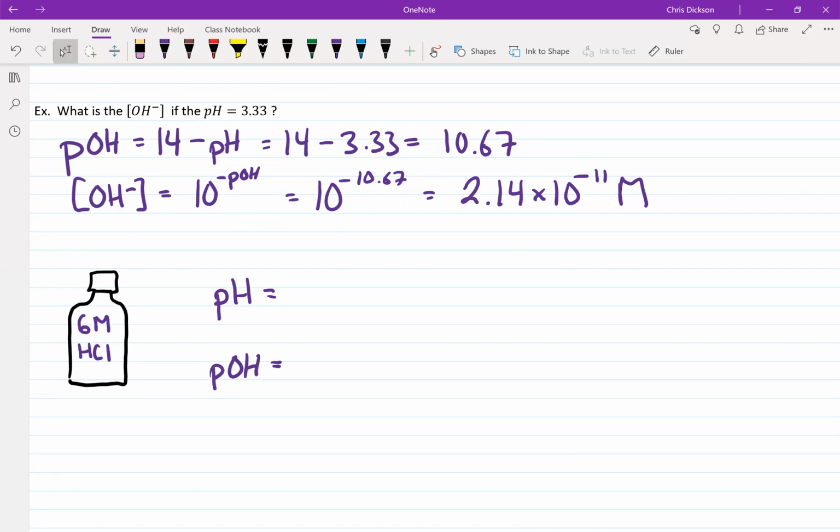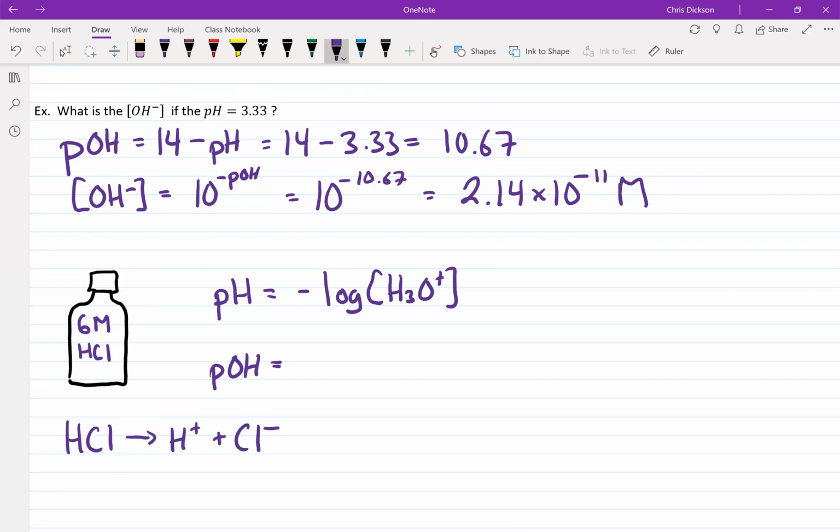Okay, if I take the negative log of the hydronium concentration, I should be able to find the pH. I think I'll agree with that. And of course, HCl completely ionizes into H plus and Cl minus, which is really hydronium. So the concentration of hydronium should be 6 molar, so we just stick a 6 in there.